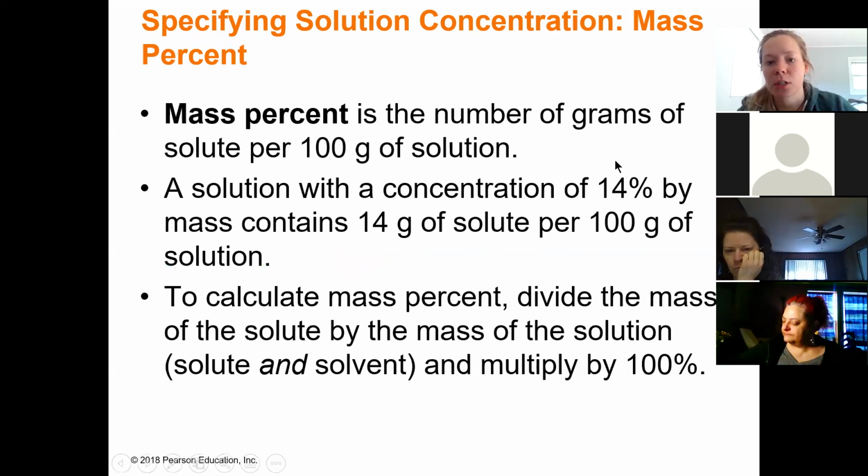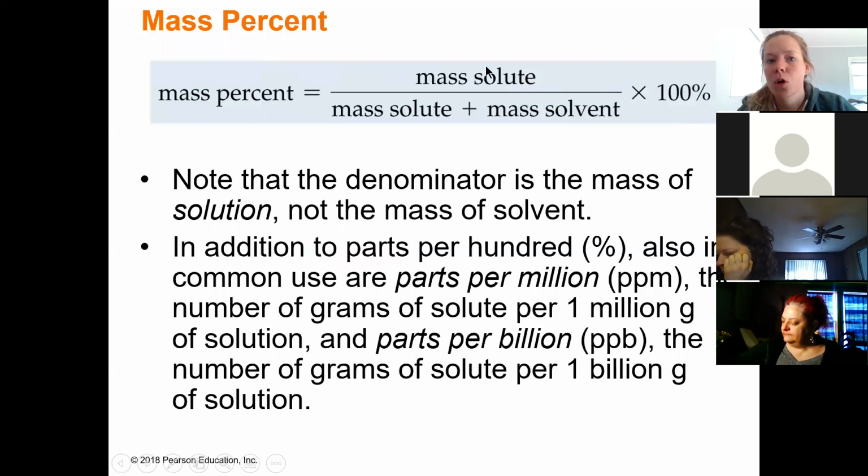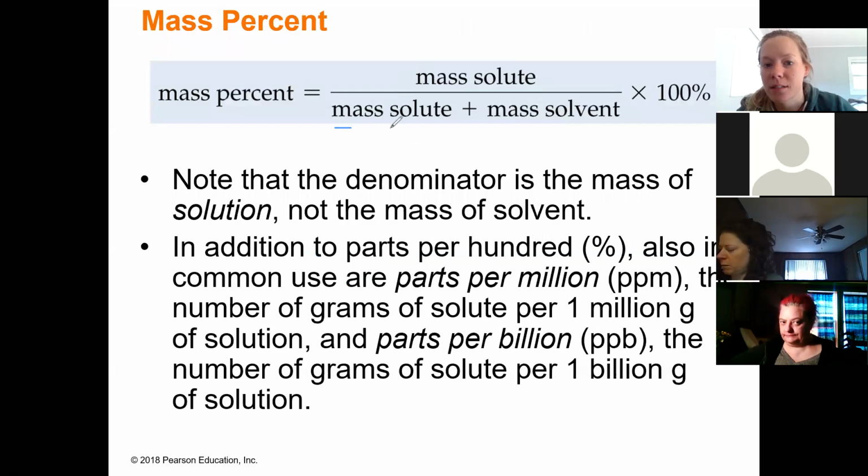There's actually a picture of the equation here. Mass percent equals the mass of the solute divided by, and they put it in really basic words, the solute mass plus the solvent mass, times 100 to get it in a percentage. This thing down here is also known as the mass of the solution.